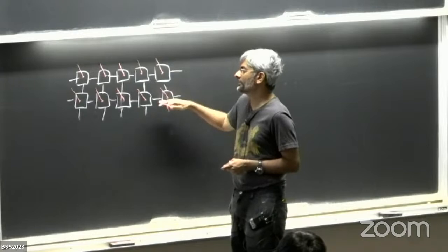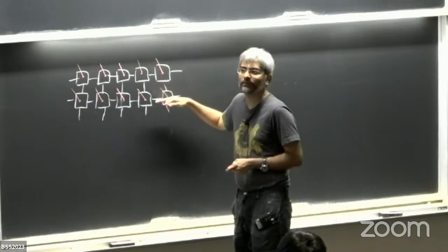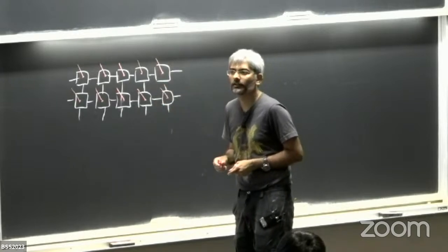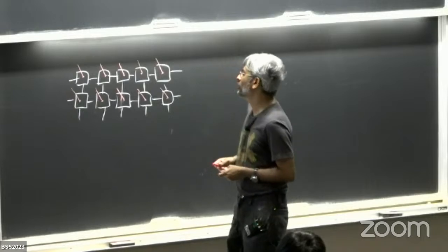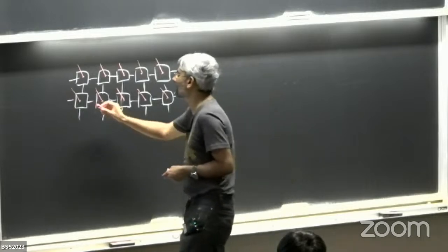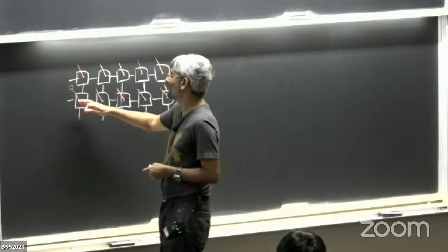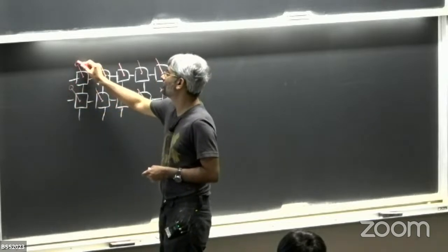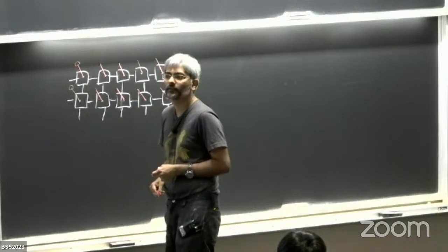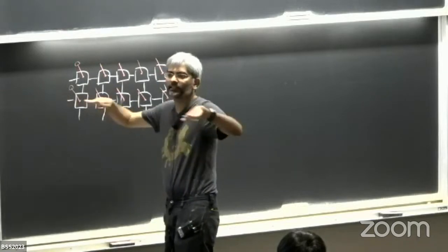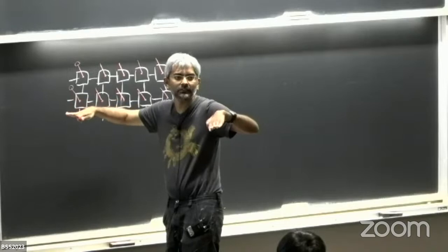Before you've measured it, it's just some two-dimensional state with area law entanglement and so on. What you do when you measure it is you fix these legs of the tensor. So in effect, you take these pink legs out of the game, and then you just have a square mat of tensors in two dimensions.